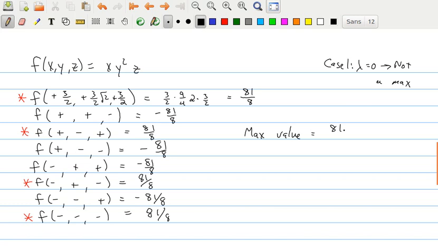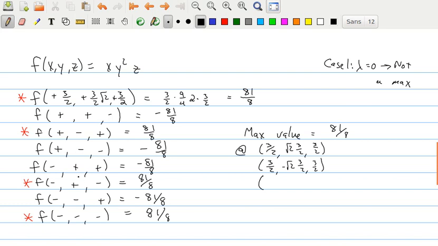So we actually have our maximum value is 81 over 8, and the points at which that happens, that occurs at 3 over 2, radical 2, 3 over 2, 3 over 2. That was our first critical point. It also happens at 3 over 2, negative radical 2, 3 over 2, 3 over 2. That was the second maximum in here, 81 over 8.